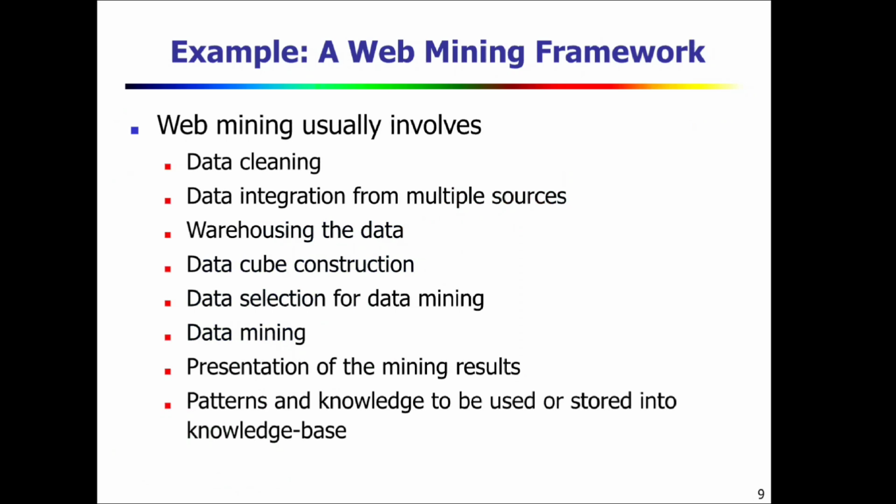Cleaning involves removing the unwanted data, or taking the relevant data from a huge amount of data. After that you need to perform data integration from multiple sources. You have multiple sources from where the data is being generated, so you need to integrate the data from those multiple sources into one source. So warehousing the data, organizing the data so that it can be taken into transformation.